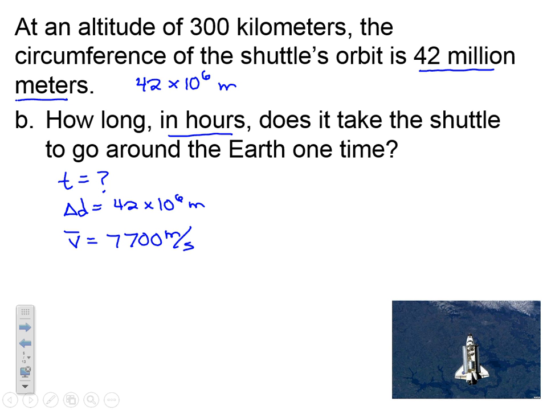So in this problem, we're looking for time. Let's go to our basic equation. My basic equation is average velocity is delta d over time. This time, we're solving for the time variable, so I want to multiply both sides by time and divide both sides by velocity.